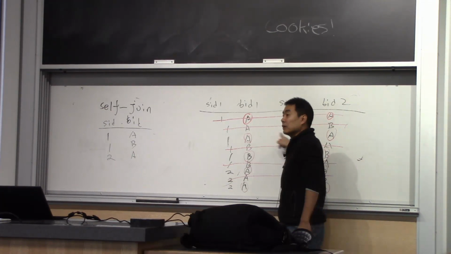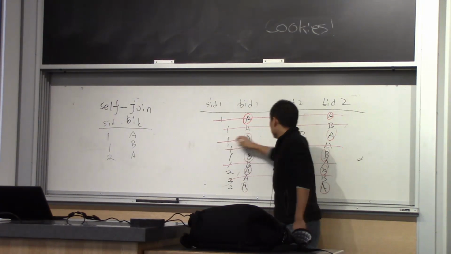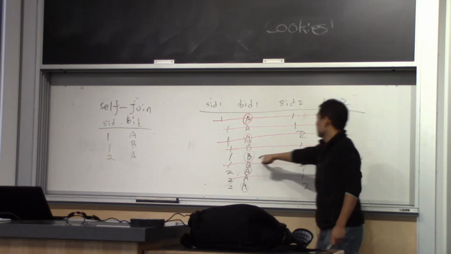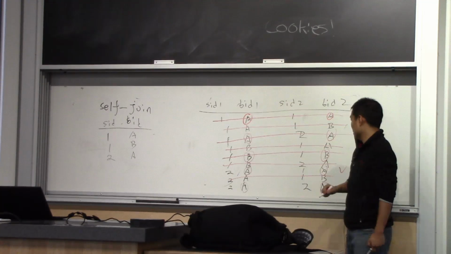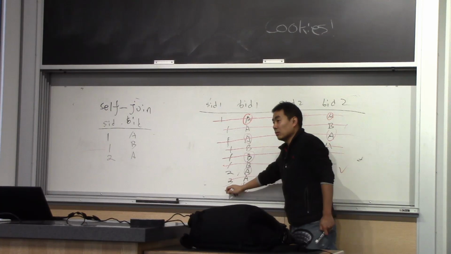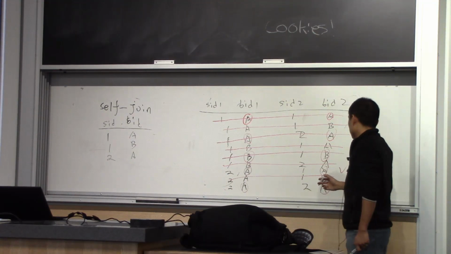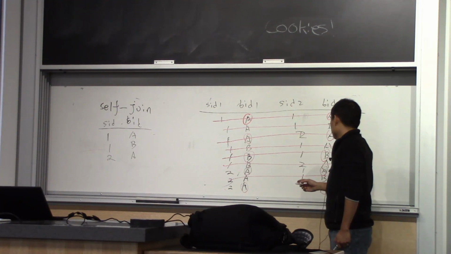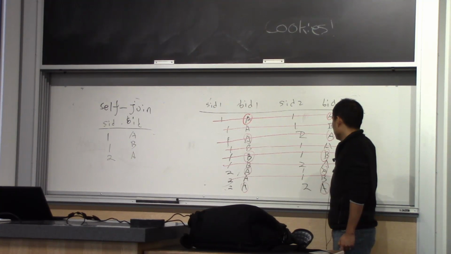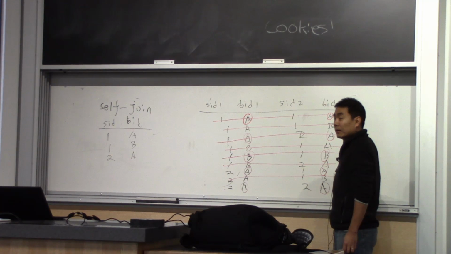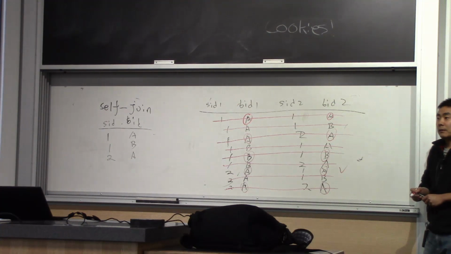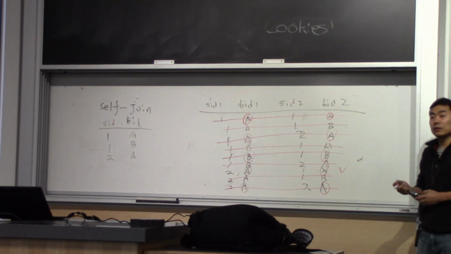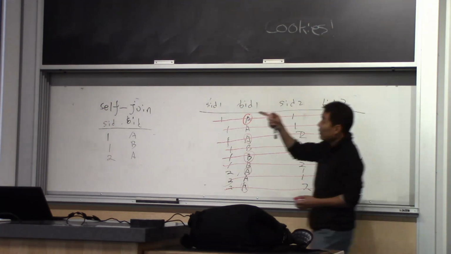Sailor ID 1 greater than sailor ID 2? No, eliminated. Yes. And no. So this one survives. Does that make sense? And this is eliminated too, because sailor ID 1 is not greater than sailor ID 2. And then you project that out.